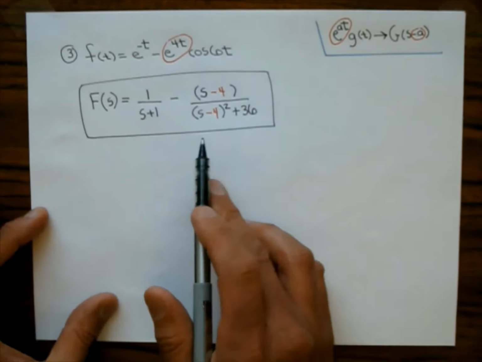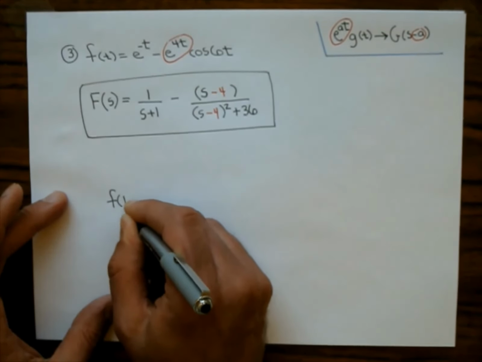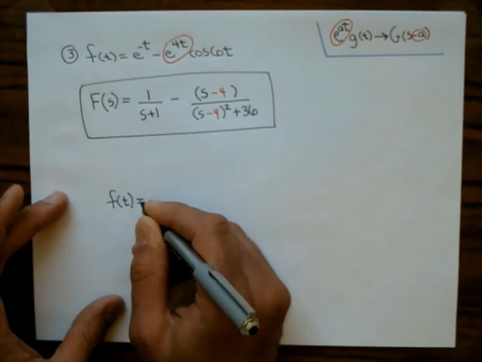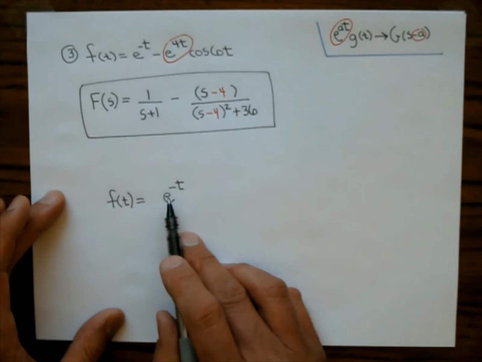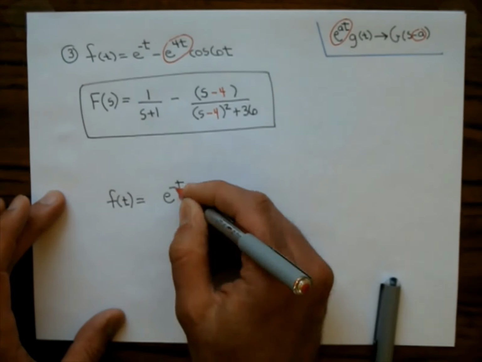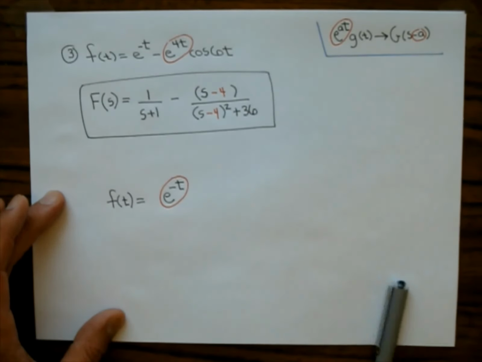Now I want to point out something. Let's just say f of t equals just the function e to the negative t. Well, we learned that we can just use the one on the list that says e to the at gets transformed to 1 over s minus a. But we could also realize, this is killing an ant with a cannon. It's pretty messy, but it still gets the job done.